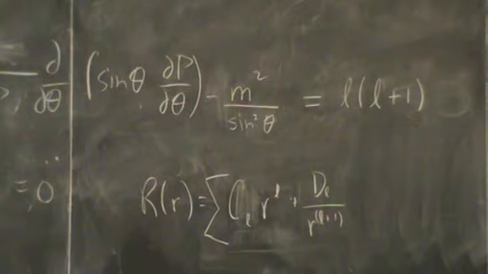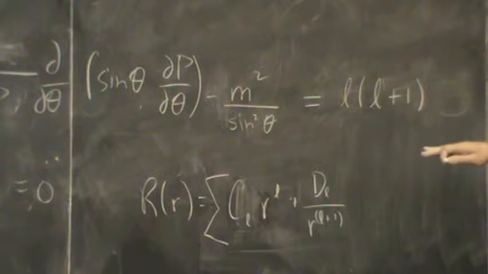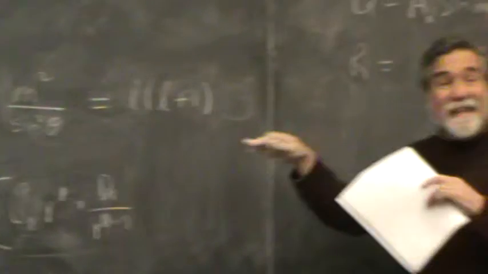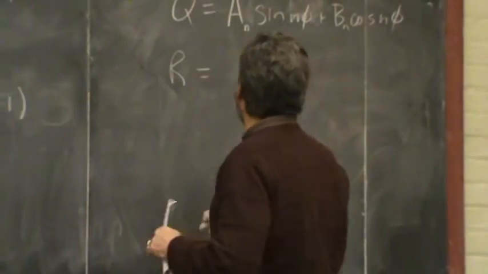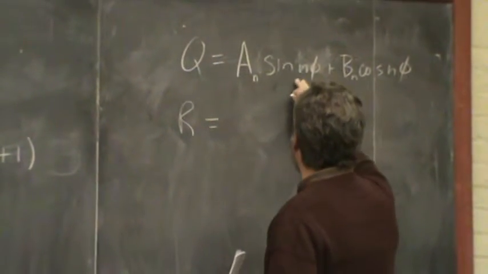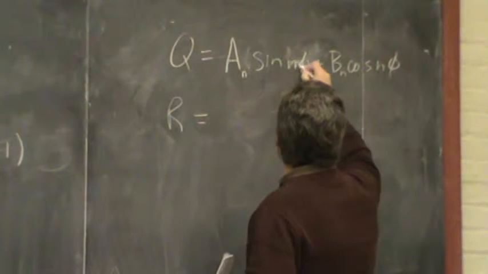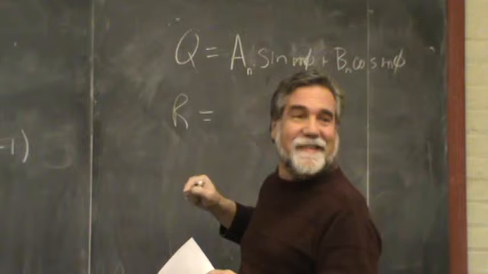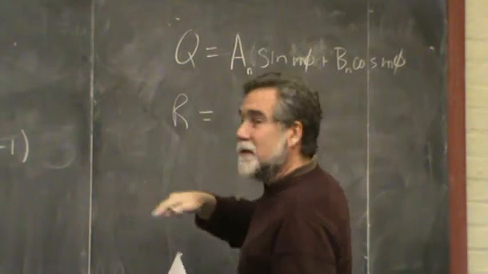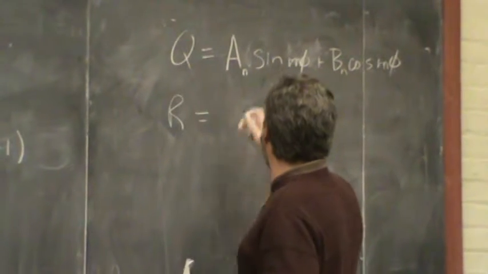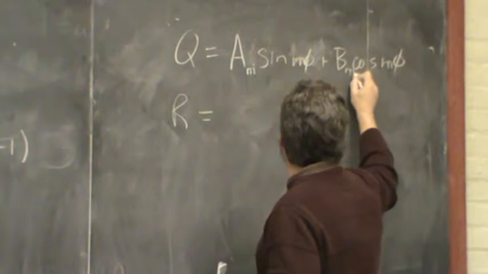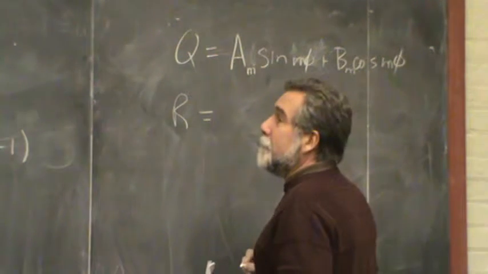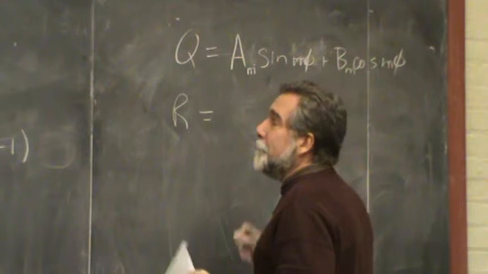Okay, so I'll put that over here. R is equal to, I won't write the sum out yet. I put the sum there to remind you that in the end, we're going to have to sum everything up. I'm going to have to sum up all possible M's, physical M's, and A sub M, B sub M. Is that the same M you used in that equation?